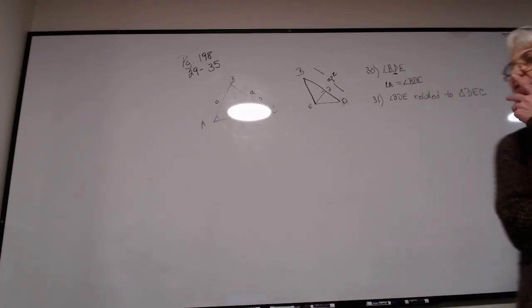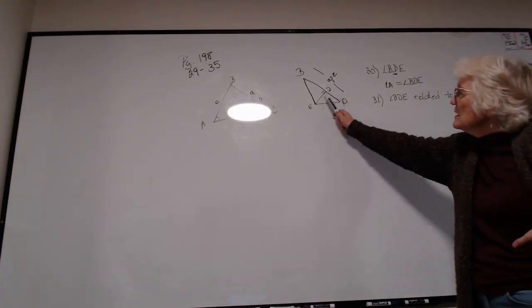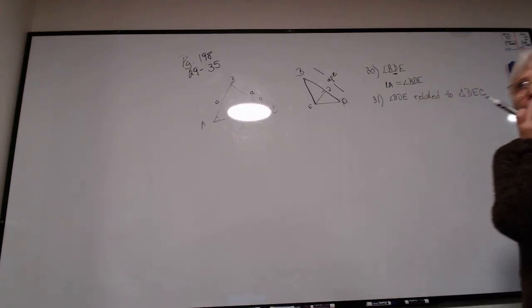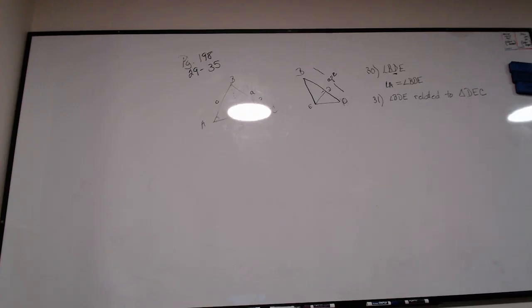Now, let's just look at that. If you have this triangle, what is this angle? How is it related? They're both angles on the line. It's both angles on the line of one of the angles, so what's that called?